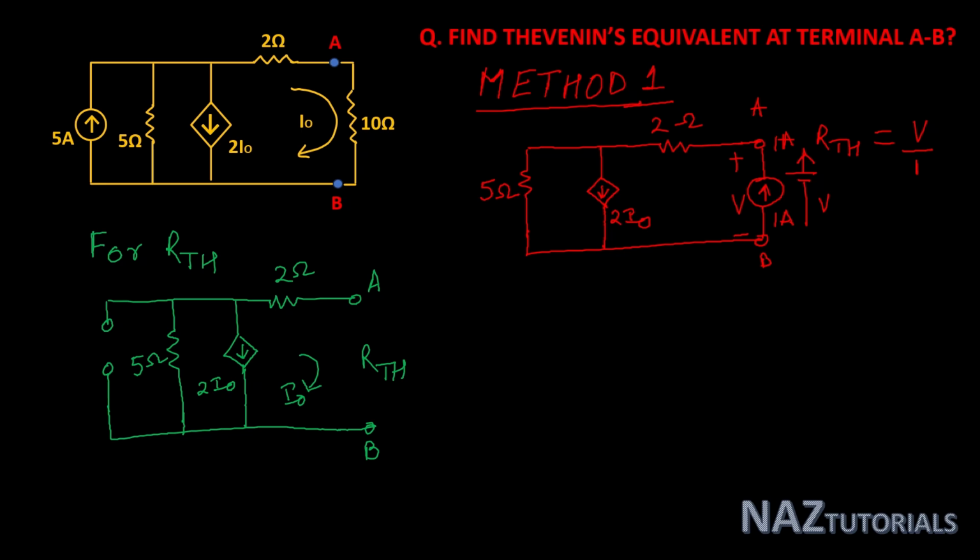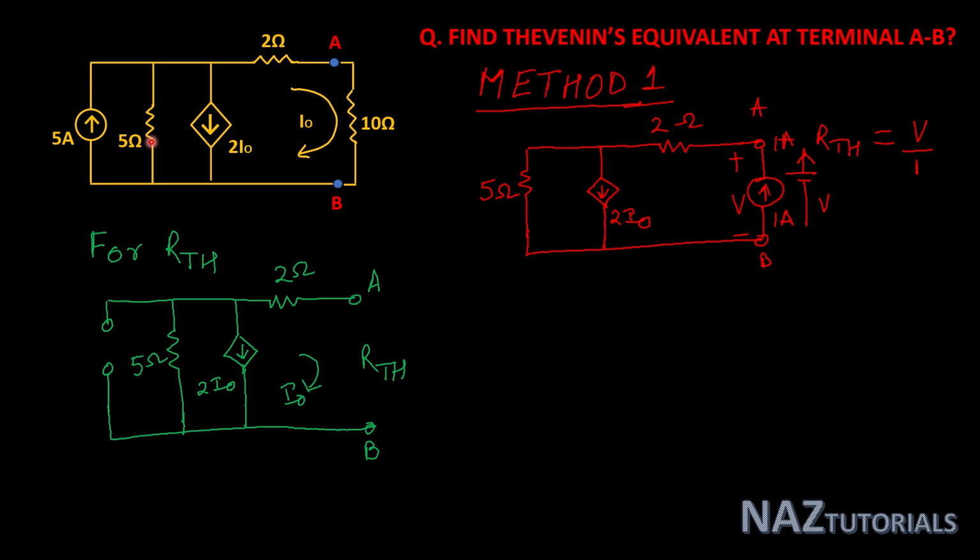Either use a 1 ampere current source having a voltage of V across its terminal, or you can assume a V volt voltage source which supplies a 1 ampere current at terminal AB, and the calculation of RTH is V by 1. This is the concept for calculation of RTH.